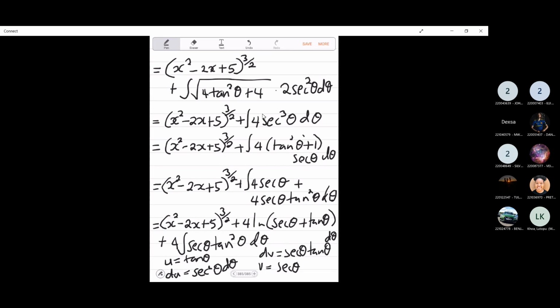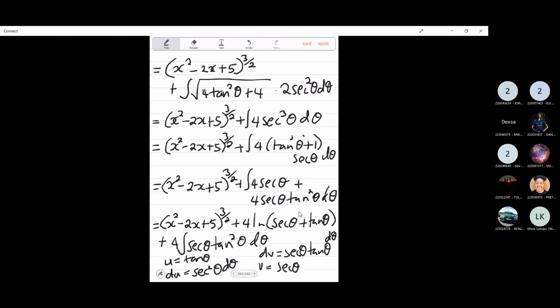So the integral of 4 sec squared theta is this term here, that term there, that one there, and whatever we'll get here, because you will end up with another sec to the power of 3 of theta that you need to take to the other side, and then you'll have to divide by 2, because that's what we always do.